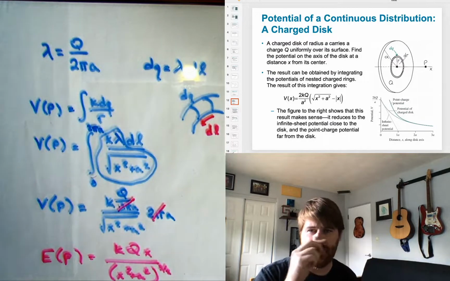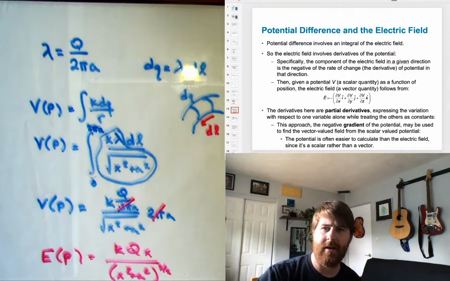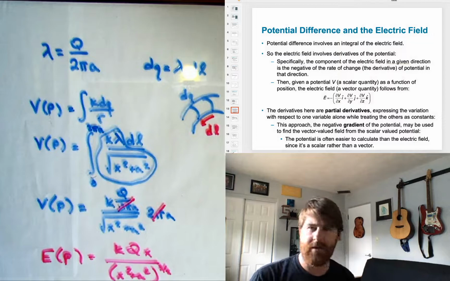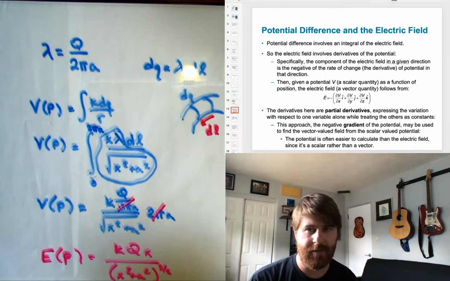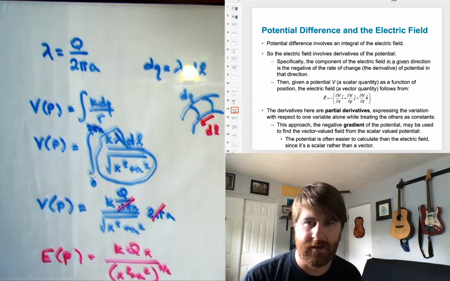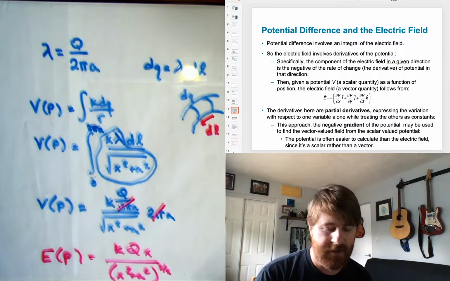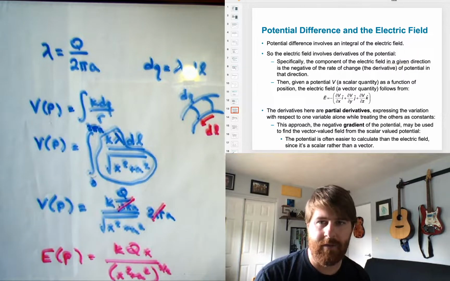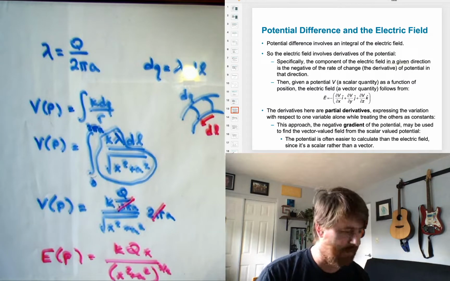Okay, I'll let you do the disk on your own, and I want to go and talk about the gradient operator, and finding the electric field vector from the electric potential now.